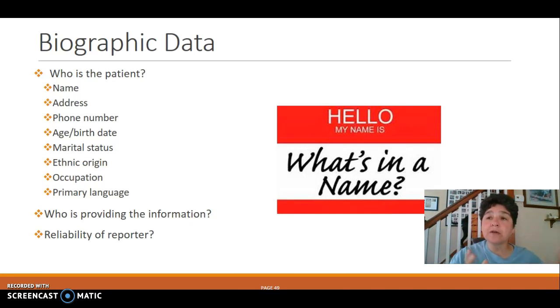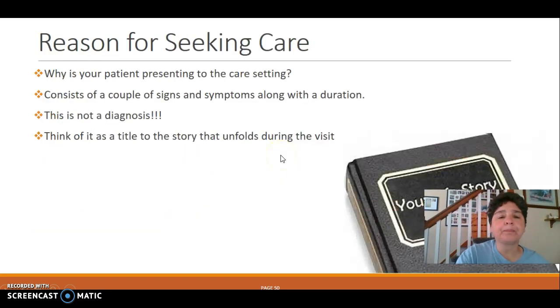And that person, the reporter, are they reliable? Is the patient reliable? Is the patient telling you things that don't match up with what you're seeing? Is the person telling you things that don't seem to be matching up with what you can see with the patient? So how reliable is that reporter?